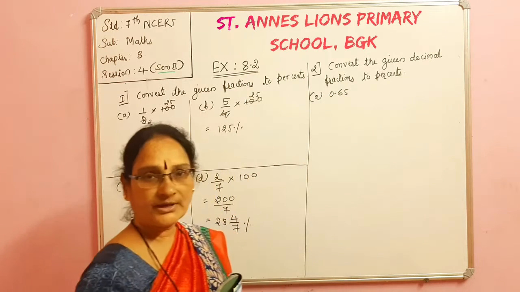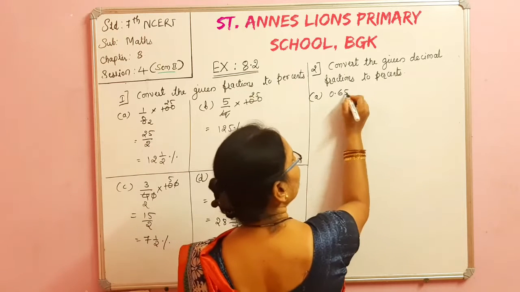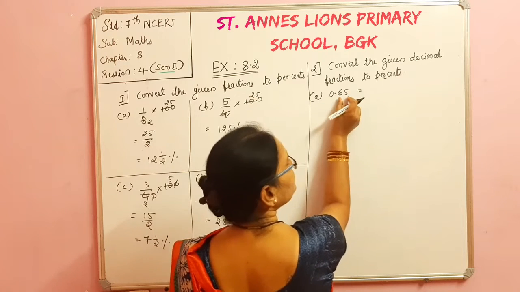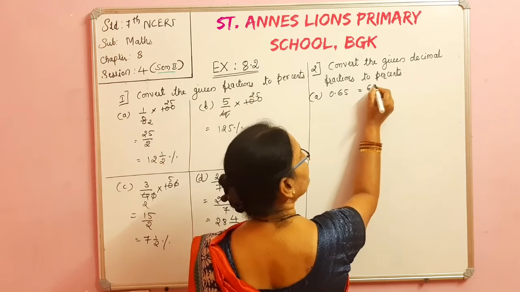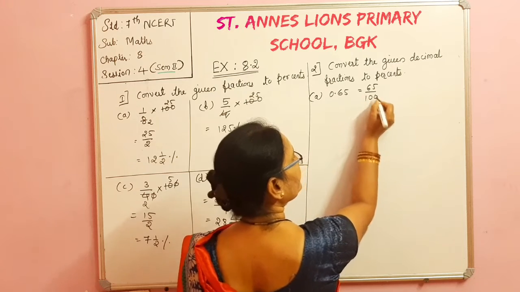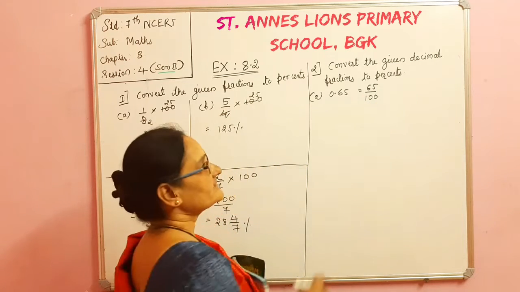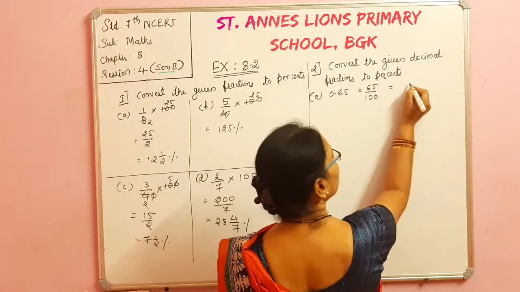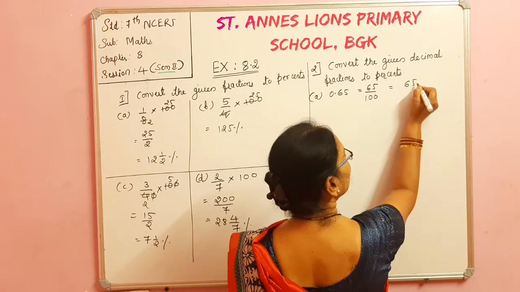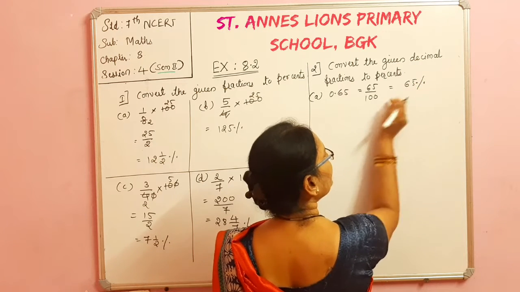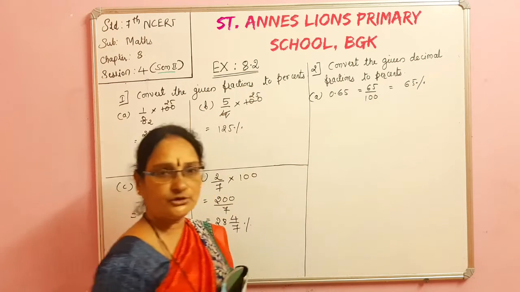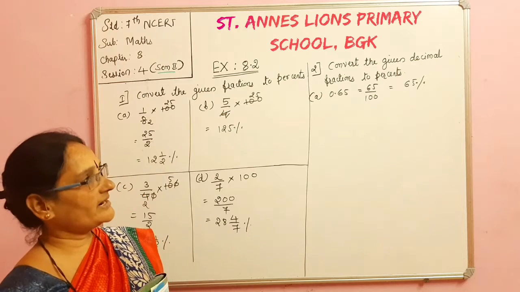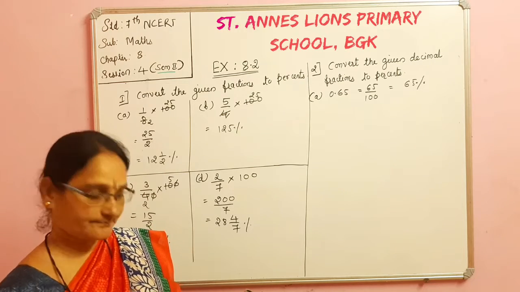Very easy. How to write this into fractions: 65 by 100. 65 by 100 is very easy to write into percent, that is 65%. If the denominator is 100, directly we can write it as percentage. 65 by 100 is 65%.